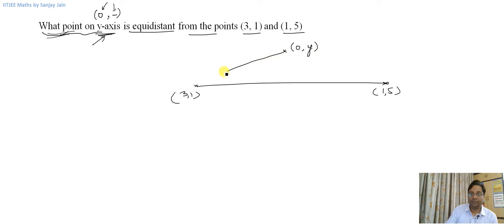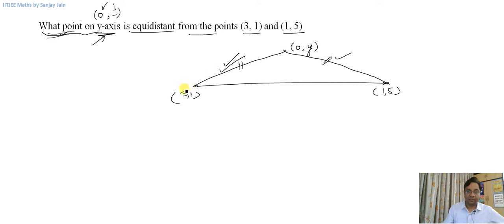Now this point is equidistant from this point and this point, so these two distances are equal, right? Now we will apply the distance formula here to find this distance, and then we will apply the distance formula once again to find this distance, and we will put these equal to each other to find the value of y. Now let us find this distance first.